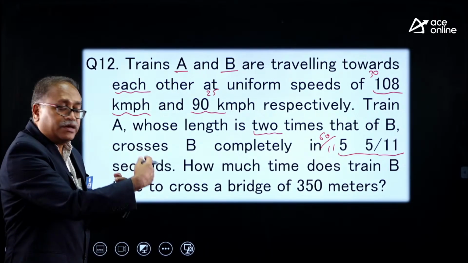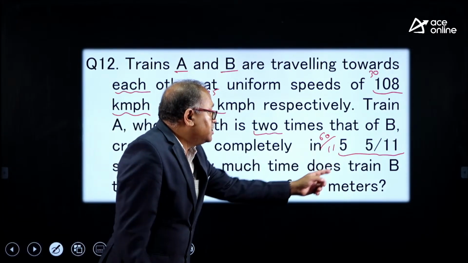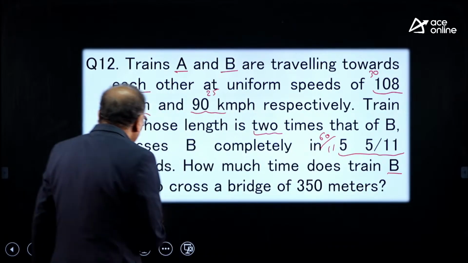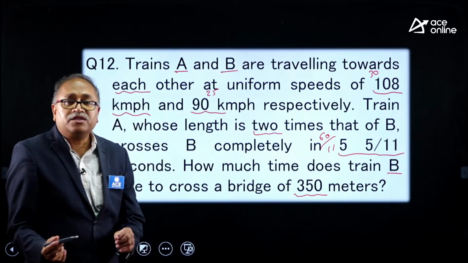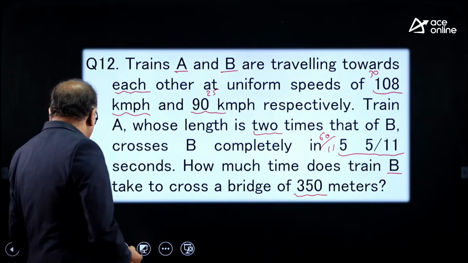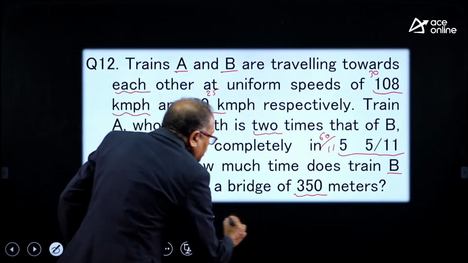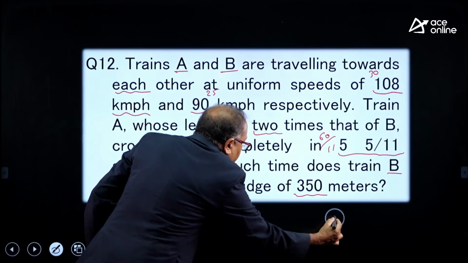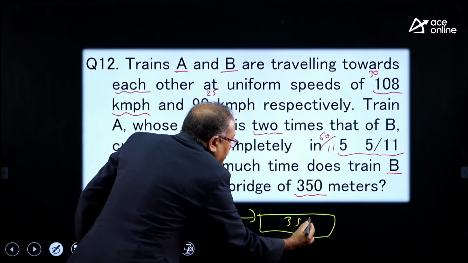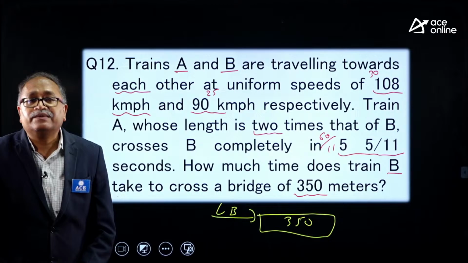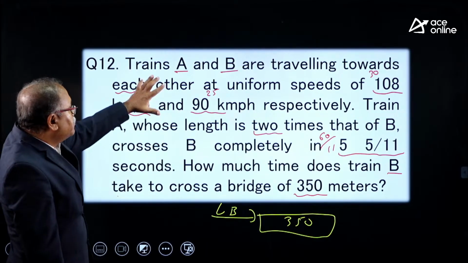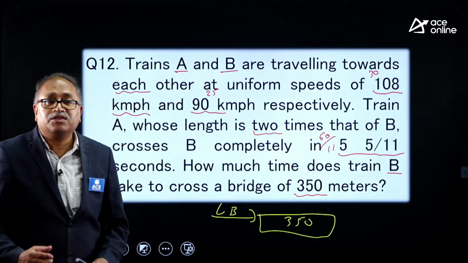Now, how much time does train B take to cross a bridge of length 350? Here train B is crossing a bridge. The bridge is 350, but what I do not know is the length of train B. So, with the given information I need to find out the length of train B.